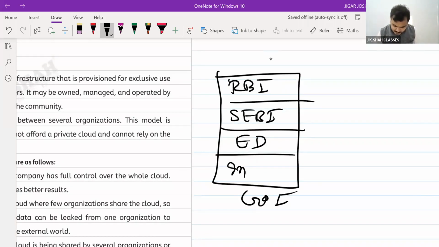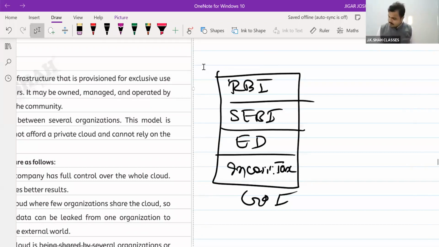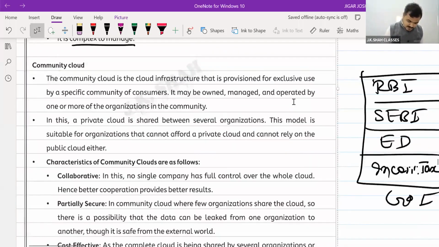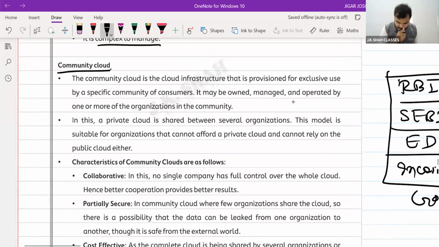And we took the example of income tax. Called as which cloud, people? So this one will be called a community cloud. Agree? Community cloud.